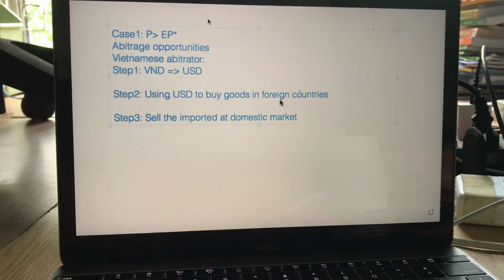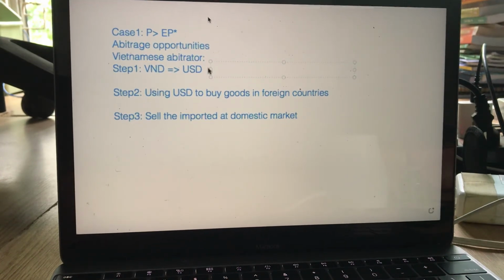In step one, the demand for the foreign currency will increase, and then the exchange rate will increase. In step one, when we convert to USD, the demand for USD increases, right?